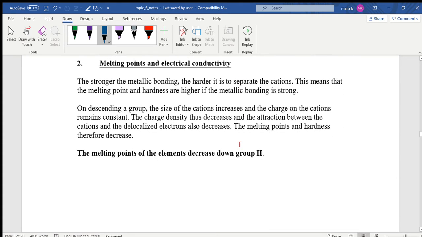Okay, so let's handle melting point as you go down the group. Now since they are metals, we can expect that trend in the melting and boiling point.